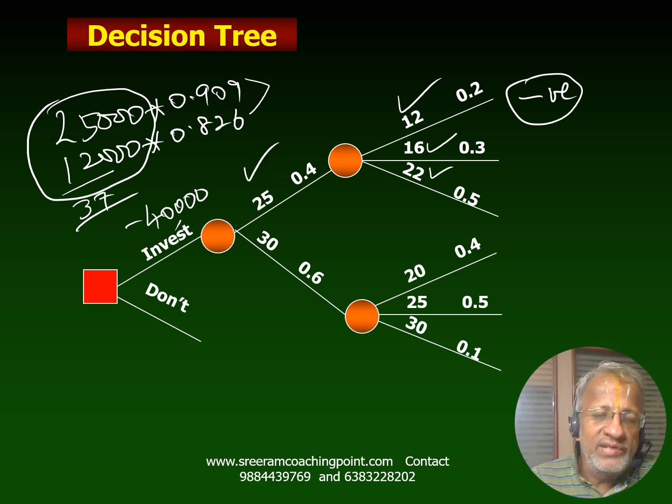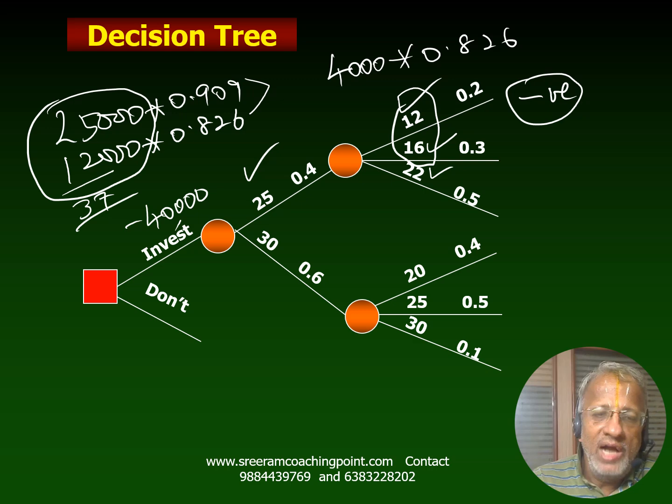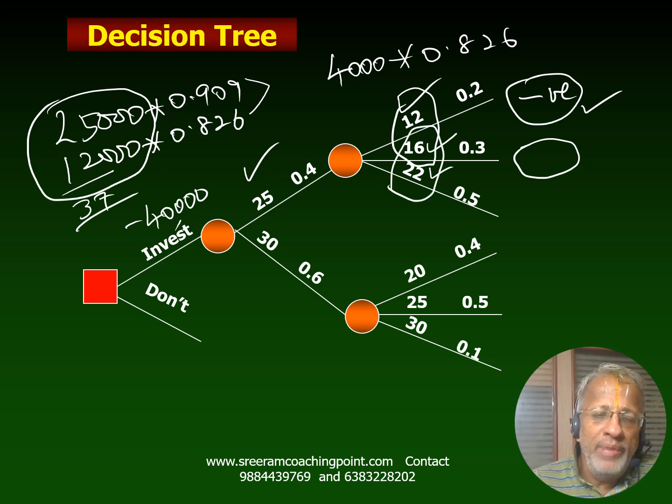So for the next combination, once again you don't have to do 25,000 and 16,000 separately. The difference between the two, 4,000, is multiplied by 0.826. This number shall be adjusted against the negative NPV so as to arrive at the NPV in this particular case. In the same way, compare 16,000 and 22,000, and on 6,000 multiply the second year PV factor, arrive at the numbers and so on.